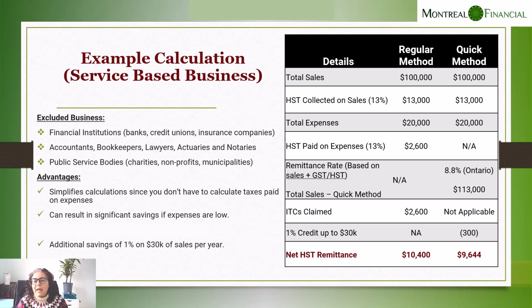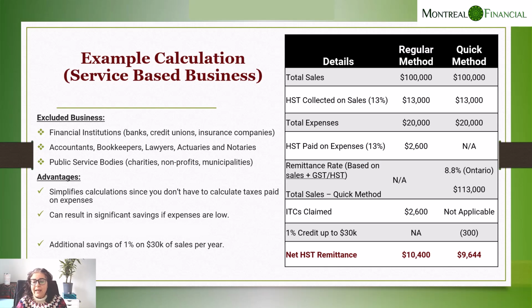And looking at the net HST remittance under the regular method, you would have collected $13,000. You would have paid $2,600 on your expenses. So the net remittance would be $13,000 minus $2,600, which is $10,400. So for the quick method, you would remit 8.8% of $113,000 less the $300 credit for sales up to $30,000.